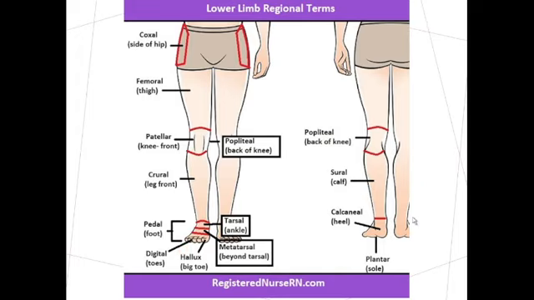So it's easy to remember. Next is the plantar. So that's below our feet, or the sole region. We also have what we call plantar warts that form on the sole of our feet. I guess that's a way to remember it.